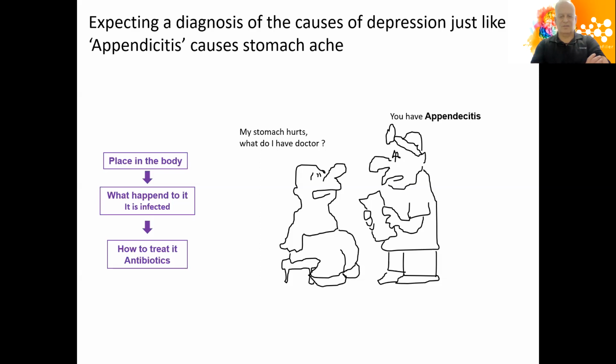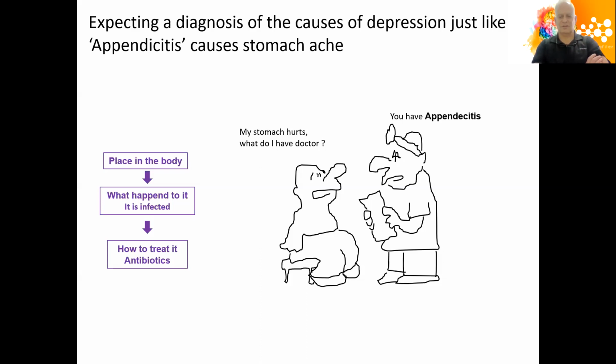Now, why is that difference so critical? Because in order to fix something, in order to cure patients, you have to know what to fix. So when you say appendicitis, it's a location in the body. You know that you go to this location, not anywhere else. And you know what you need to do. You have to extinguish the infection.